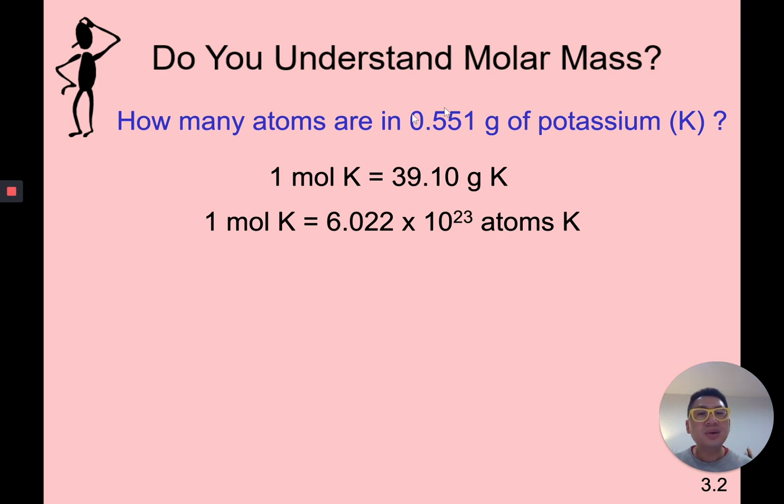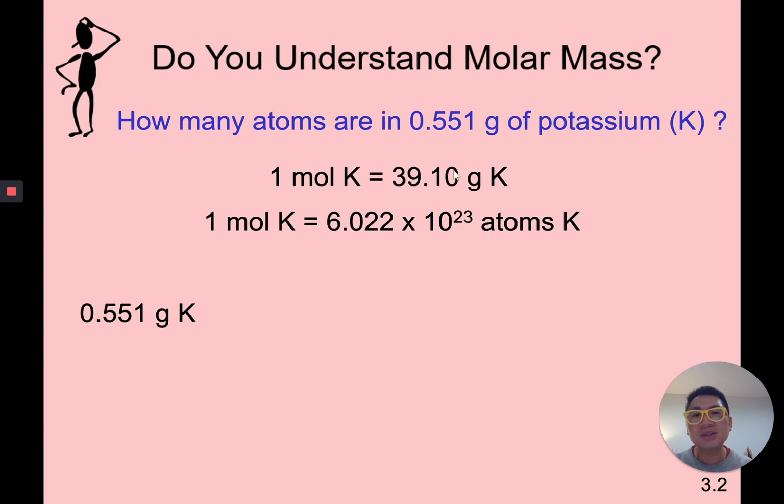So notice how I wrote them. Something equaling something, something equaling something, like 1 inch equaling 2.54 centimeters, or 1 kilometer equaling 1,000 meters. These are conversion factors, things that equal. I'm going to use these 2 conversion factors to change my grams of potassium given into number of atoms.